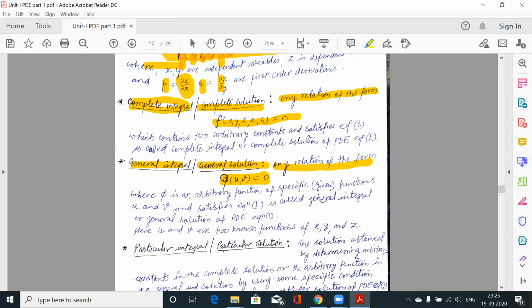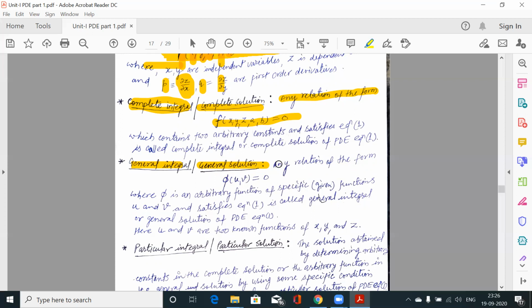So here also, the complete solution includes arbitrary constants, and the general solution includes arbitrary functions. The general solution is the solution which includes an arbitrary function and also satisfies the given differential equation.